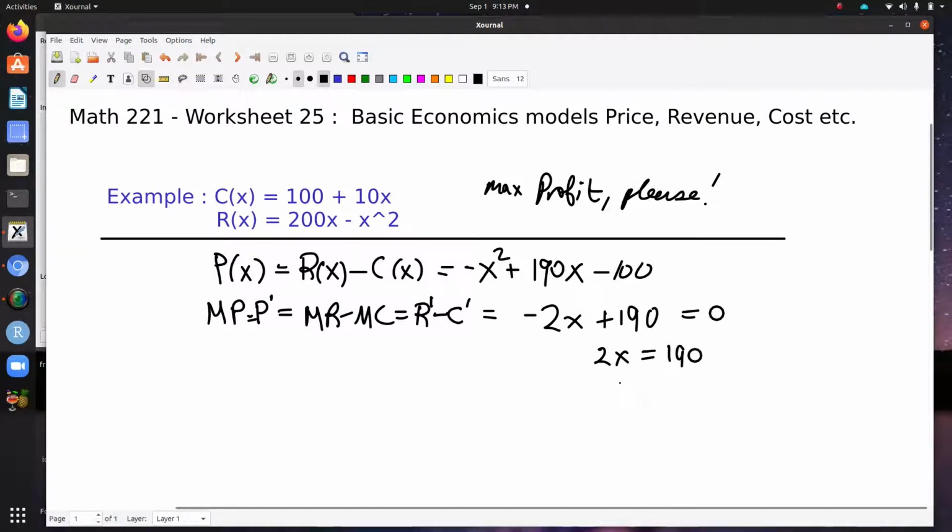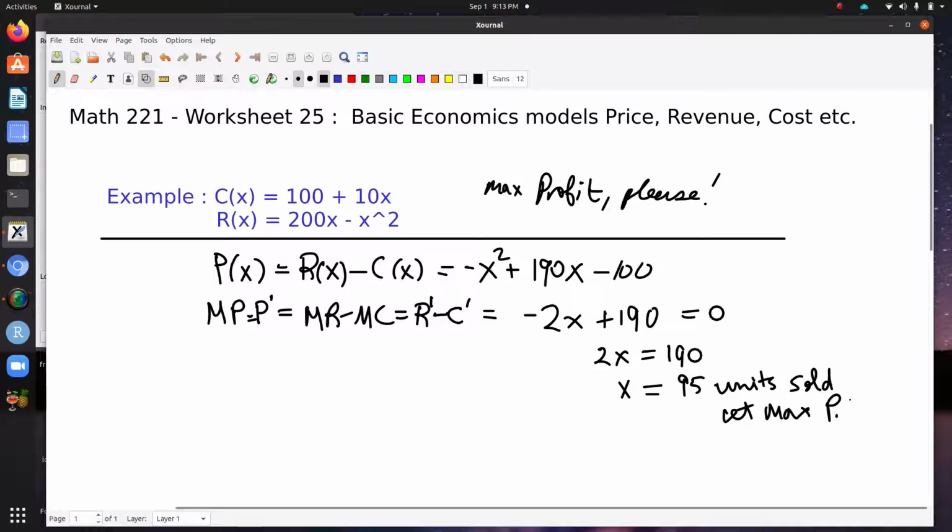So x is equal to 190 over 2, so x is half of that. Is that right? No, I can't divide by 2. Hold on. Okay, so that would be the number of units sold at max profit.